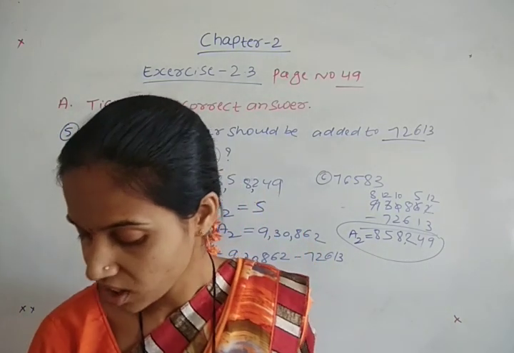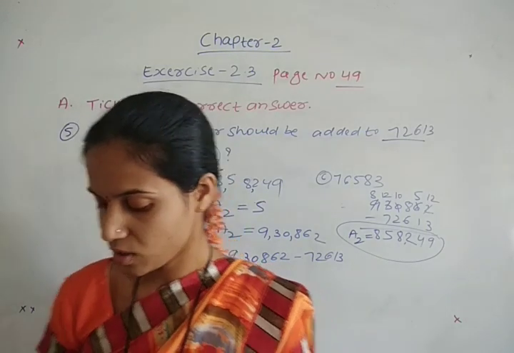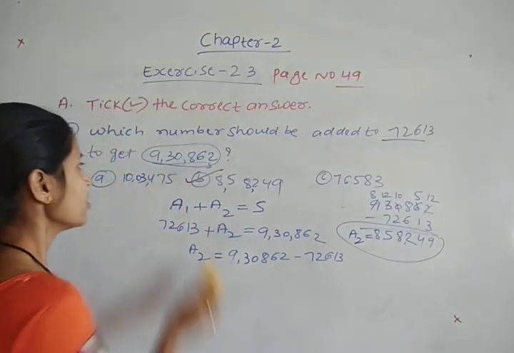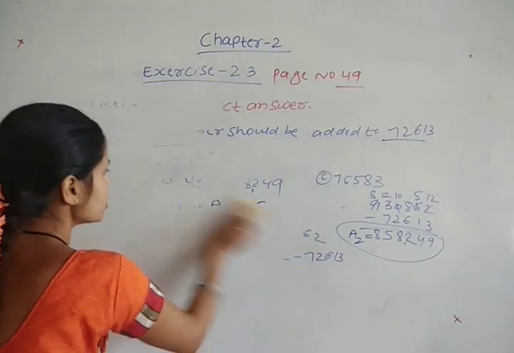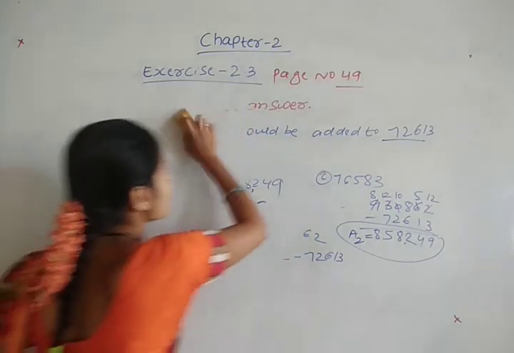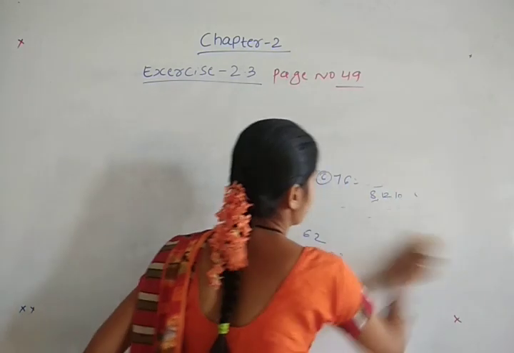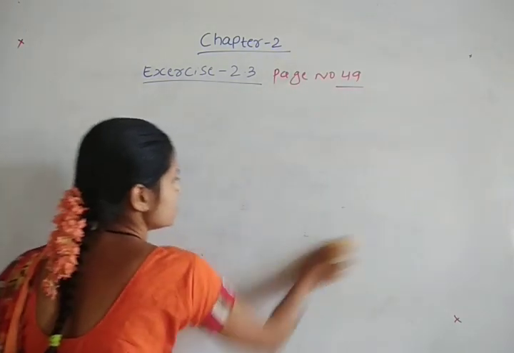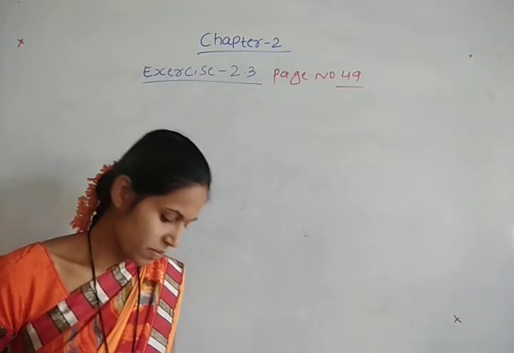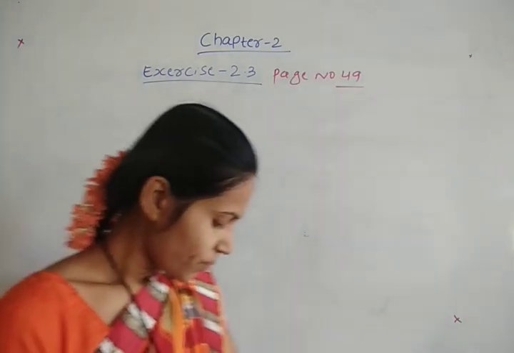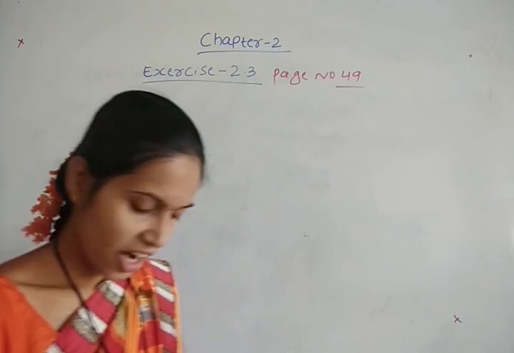Now we have question number B. In question number A we had 5 questions, and we have completed them. Now we will move to question number B. In question number B, they have asked you to arrange in columns and solve.